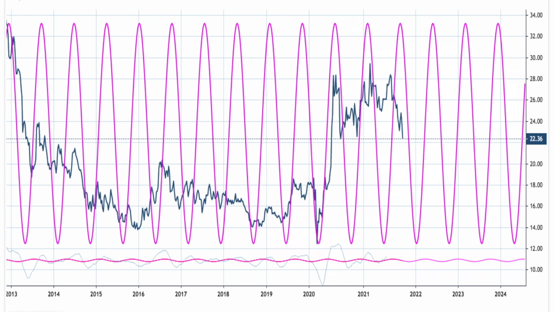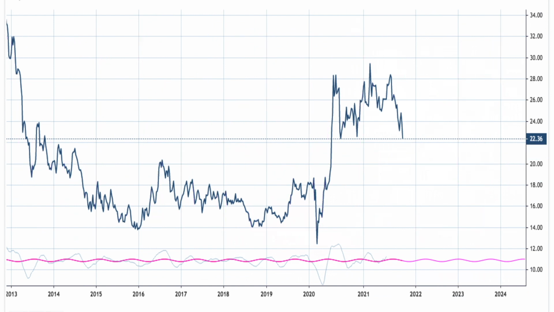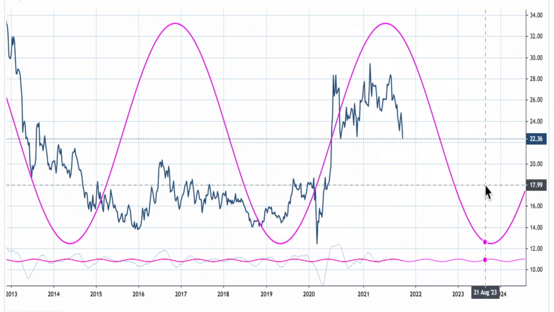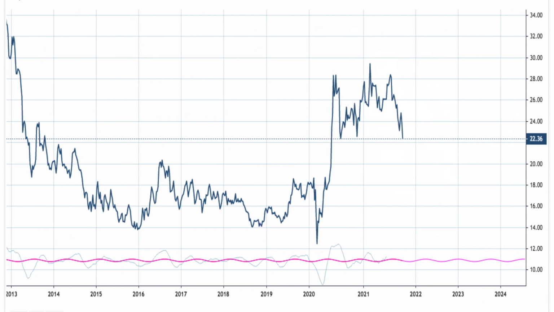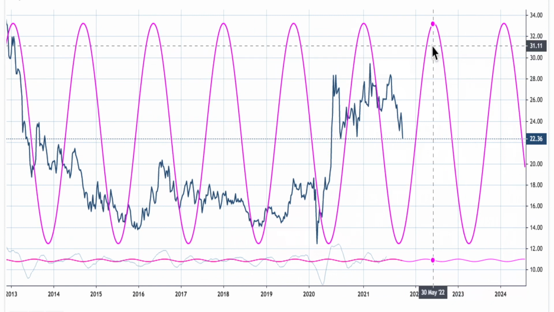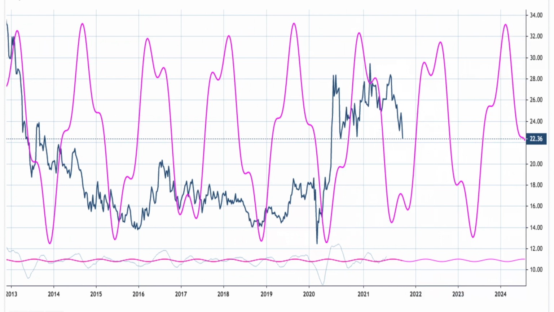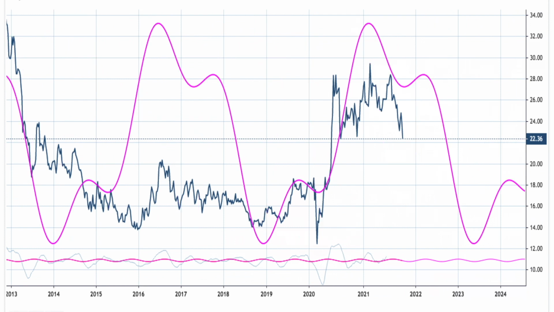So you got two down and one up. 86 is up, 40 is down. 40 ends around in January. 258 somewhere around August. It bottoms out in 2023. And then the 86 tops out somewhere in June '22. So interesting to note that.